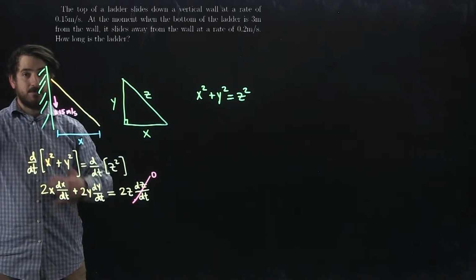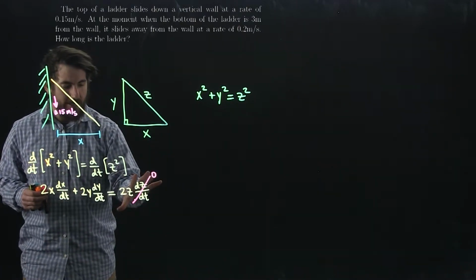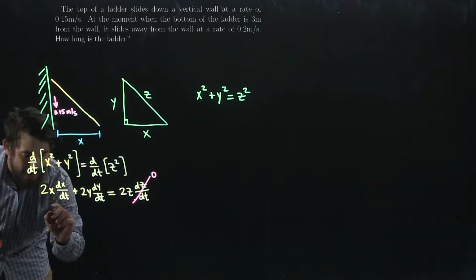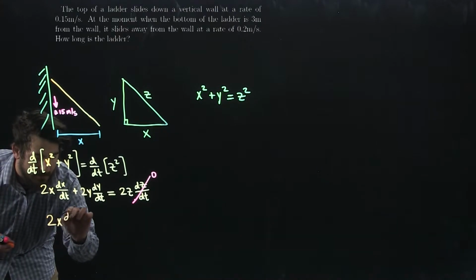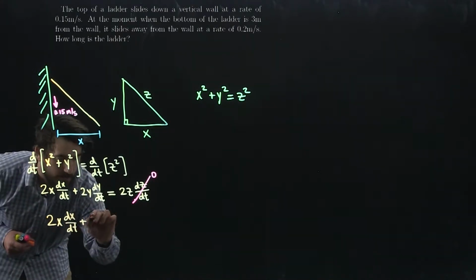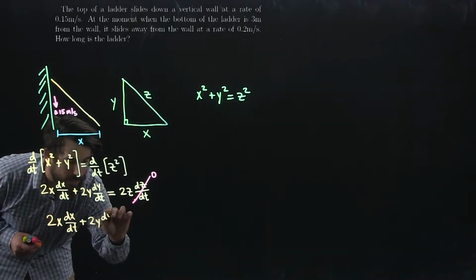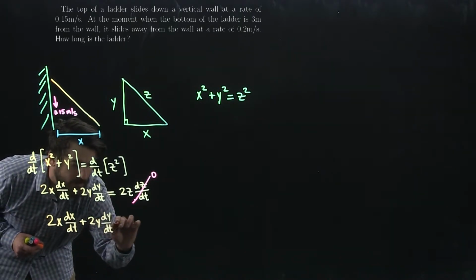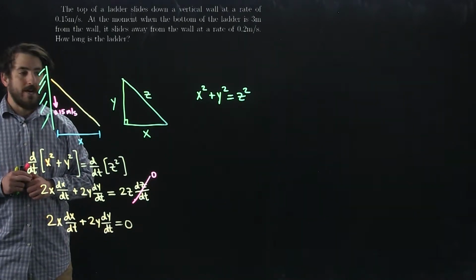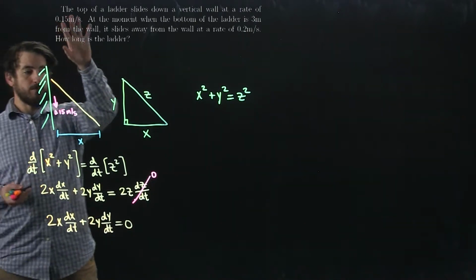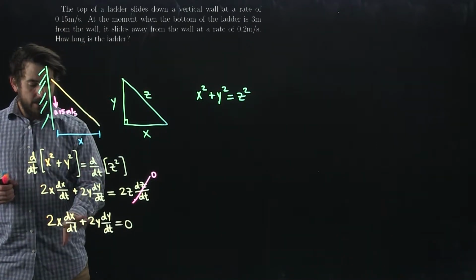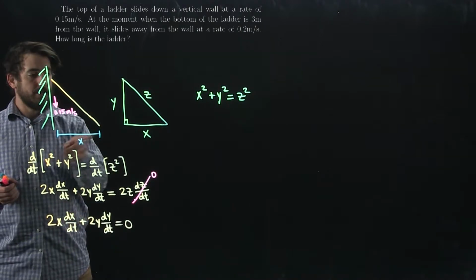It's not like a collapsible ladder or anything. So there's no change in the ladder, which means our equation is in fact 2x dx/dt plus 2y dy/dt equals 0.